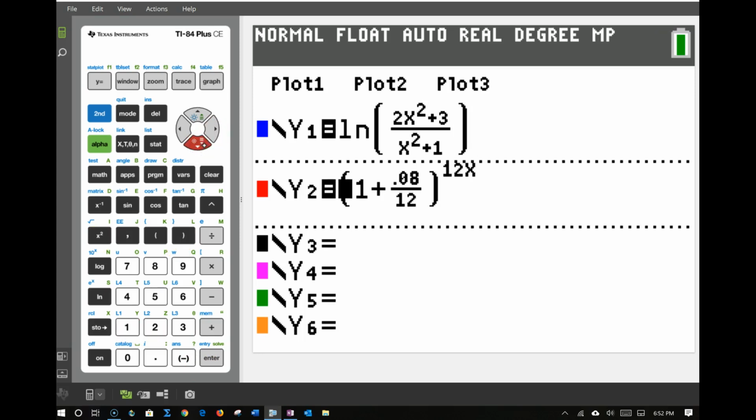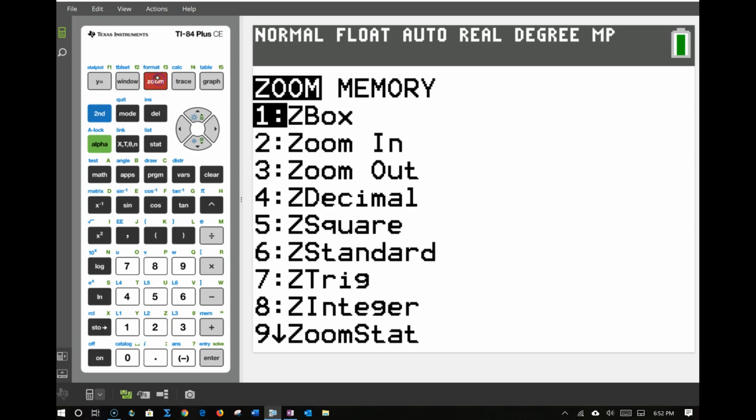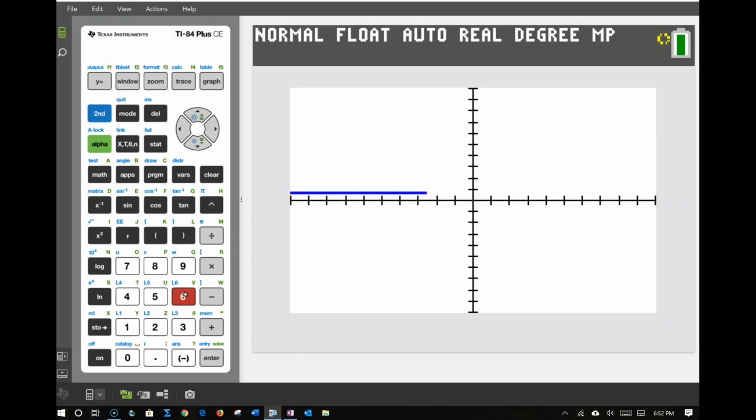We're going to arrow down. We're going to clear this one. And then we're going to get our natural log of our quantity x plus 1, parenthesis. And then I'm going to go zoom 6 again because I just want to do standard to see if it shows me anything. And I do have an intersection here.